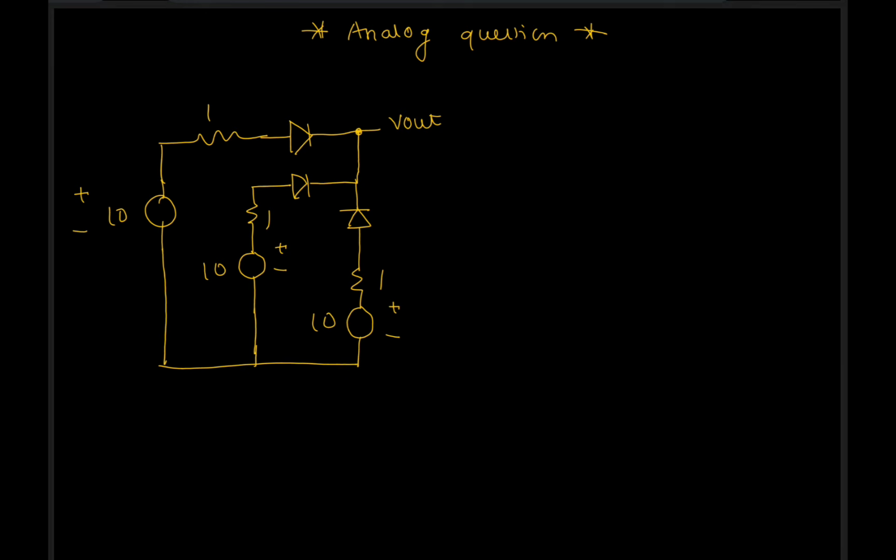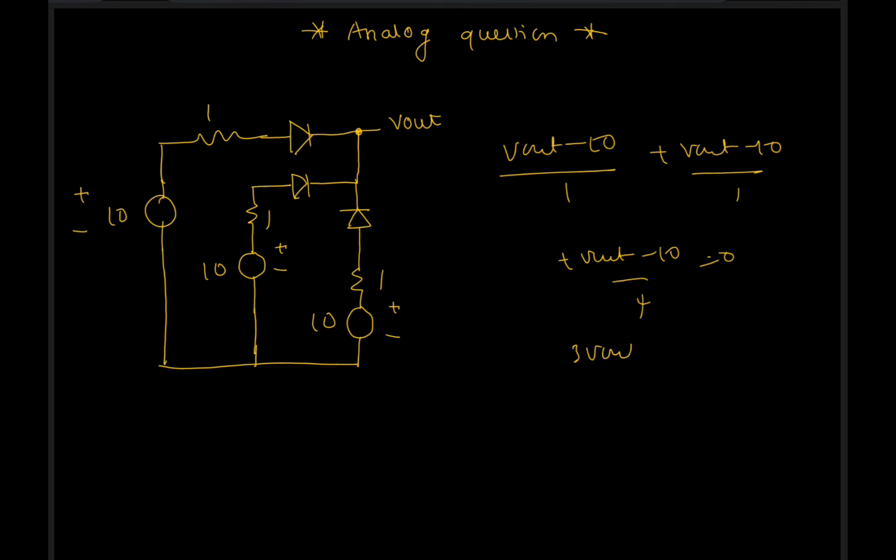So here you have to apply the node equation. Vout by 10 plus (Vout minus 10) by 1 plus (Vout minus 10) by 1 is equal to 0. So from this you will get 3 Vout is equal to 30, and therefore Vout is equal to 10. So there is no current here, so we don't have to worry about this diode.